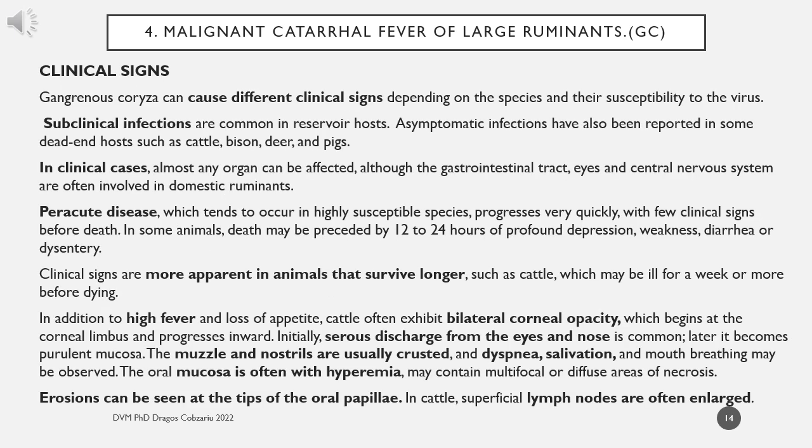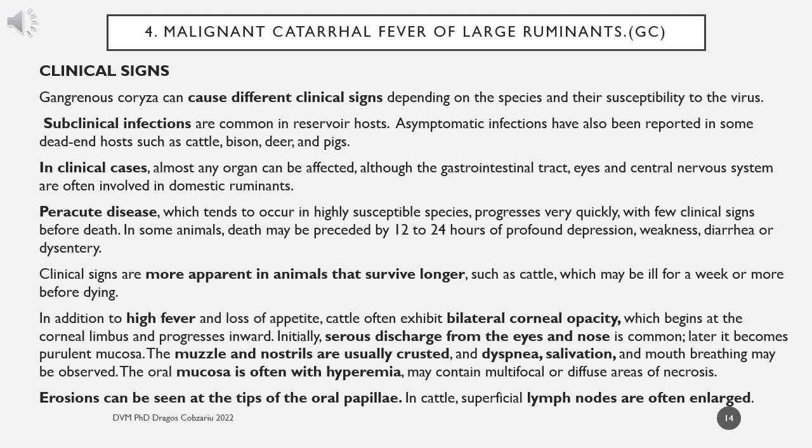Clinical signs. Gangrenous coryza can cause different clinical signs depending on the species and their susceptibility to the virus. Subclinical infections are common in reservoir hosts. Asymptomatic infections have also been reported in some dead-end hosts such as cattle, bison, deer, and pigs. In clinical cases, almost any organ can be affected, although the gastrointestinal tract, eyes and central nervous system are often involved in domestic ruminants.